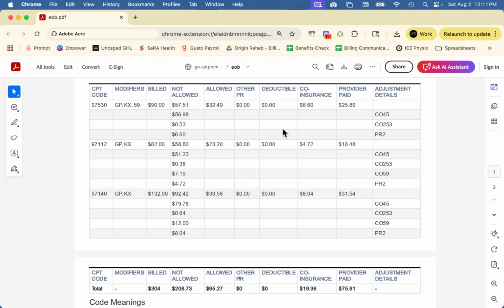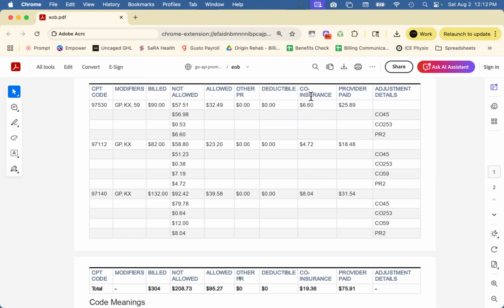So deductible is, if your insurance has a deductible, it'll go here, which is ultimately the responsibility of the patient. But it's attributed to the deductible, so that when you meet it, there's just accounting for that. And when you meet that deductible, the ultimate payment amount is reduced, usually.